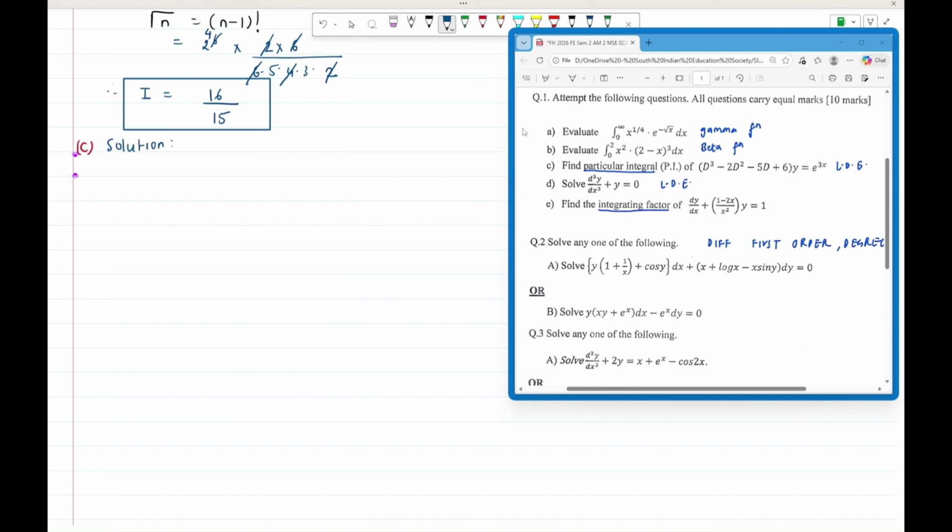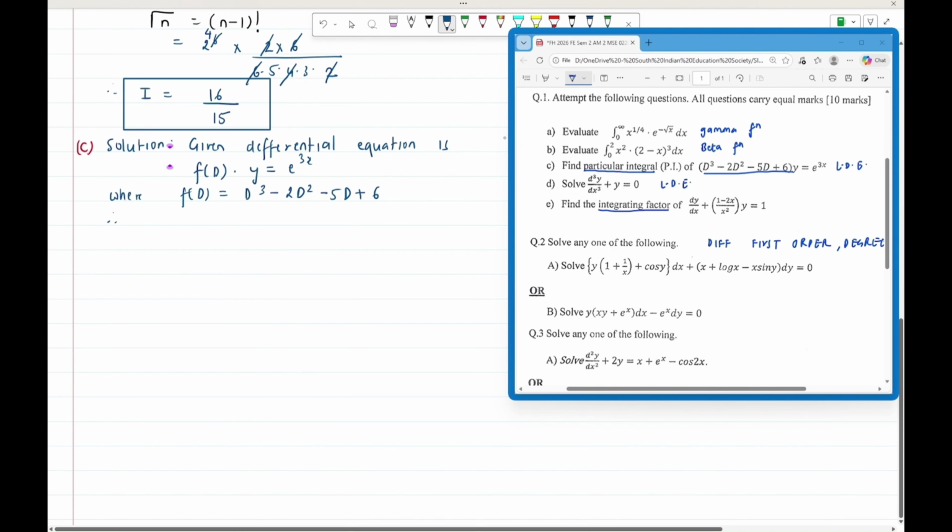Firstly, let us call the expression in D as f of D. So we can rewrite the given differential equation as f of D times y is equal to e raised to 3x, where f of D is equal to D cube minus 2D square minus 5D plus 6.